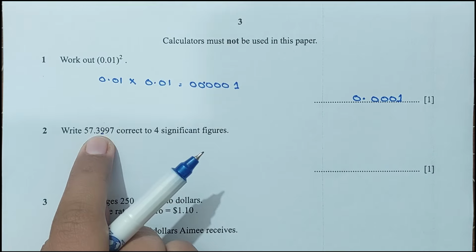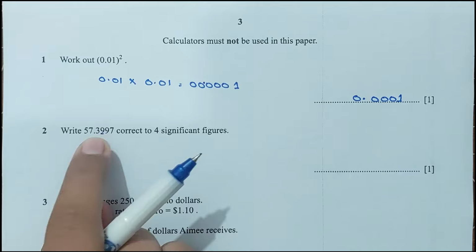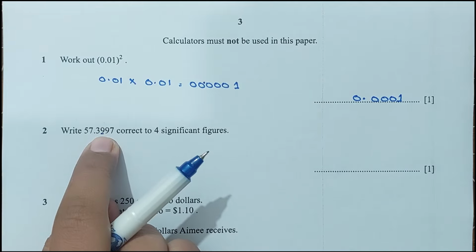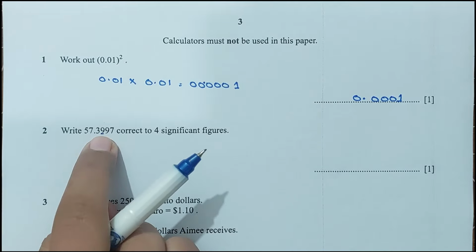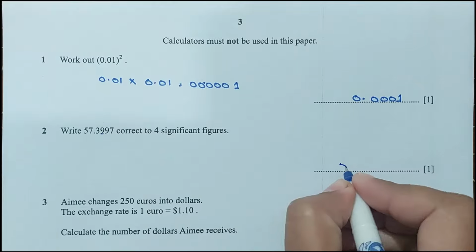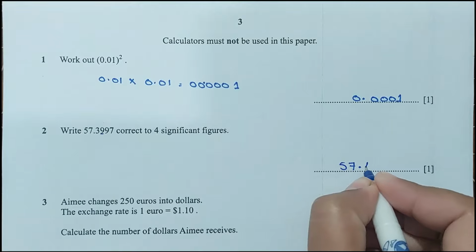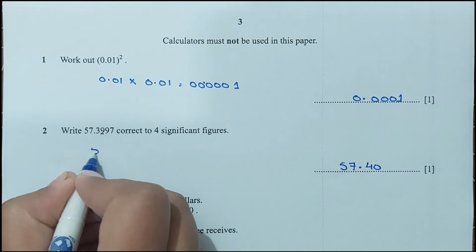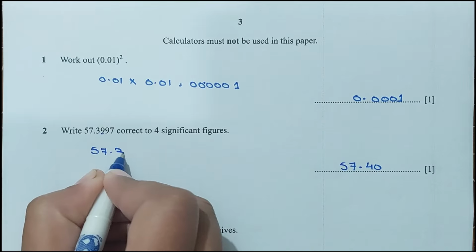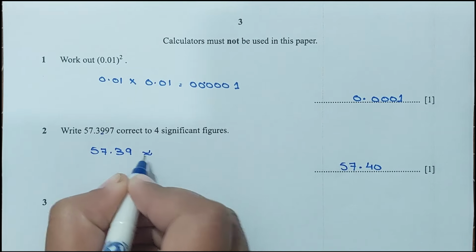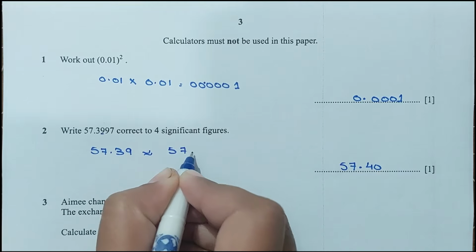So 9 becomes 10, so 1 and 0. In the 3, we have to add 1, and 9 becomes 0. So 4 and 0 becomes 40. So 57.39 is going to be rounded, and this is 57.40.